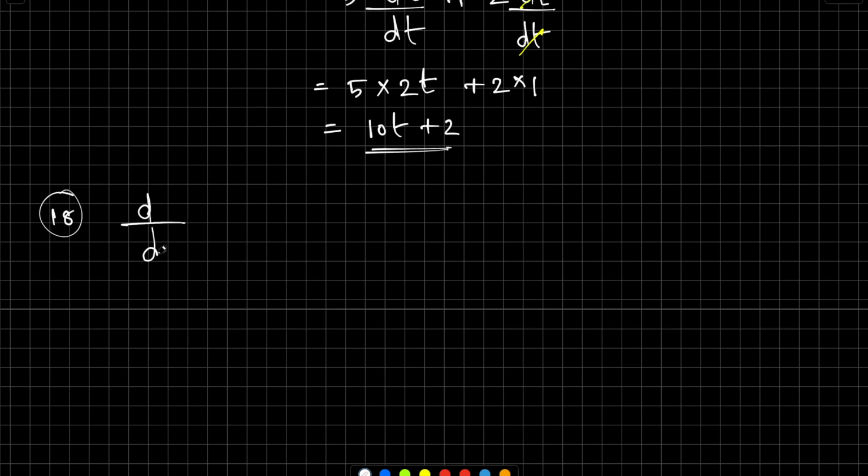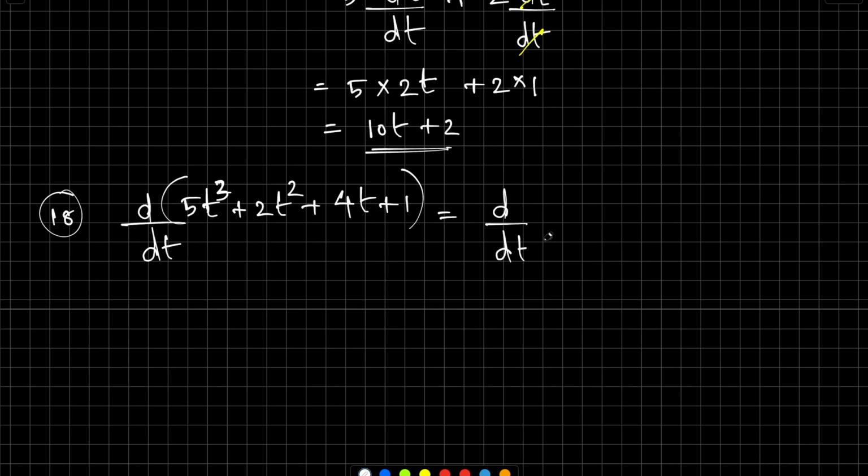d by dt of 5t cube plus 2t square plus 4t plus 1. We have 4 terms now. So open the bracket. d by dt of 5t cube plus d by dt of 2t square plus d by dt of 4t plus d by dt of 1.